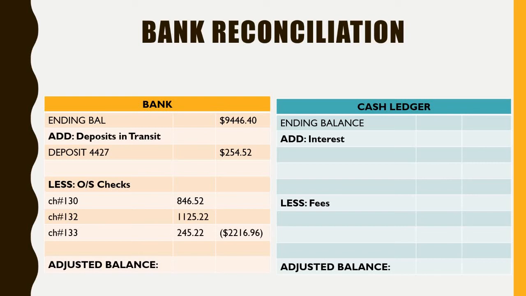So in this case, this is what I've got to do. I've got to take my ending balance of $9,446, add the money that's going to eventually clear, the $254, and then subtract all of these checks because I wrote them out.